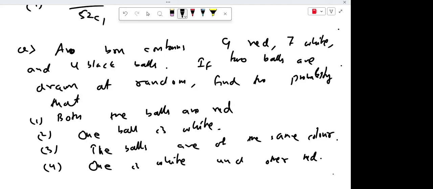So one ball should be white, 7C1, and the other should not be white. So 7C1 into, not 20, because if you count 20, then you are counting white also, but it cannot be white. So 13C1.